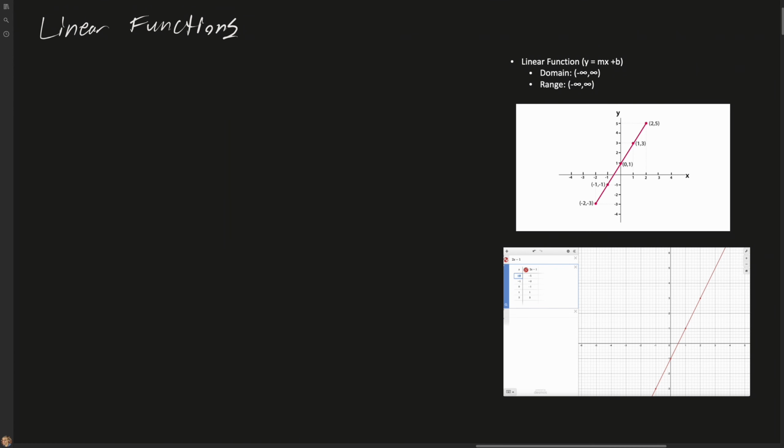Now we're going over one of the most basic functions in algebra and in calculus in general: linear functions. Linear functions are typically denoted by the equation y is equal to mx plus b. Let me write this down.